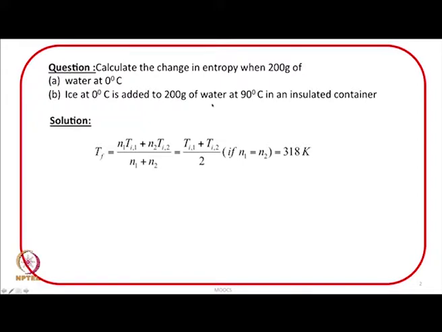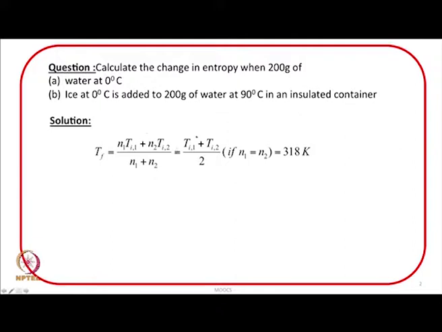So, same number of moles. Then N1 is equal to N2. If you put N1 equal to N2, this solves out to Ti1 plus Ti2 divided by 2. That is, the temperature will become half of the addition of the two.